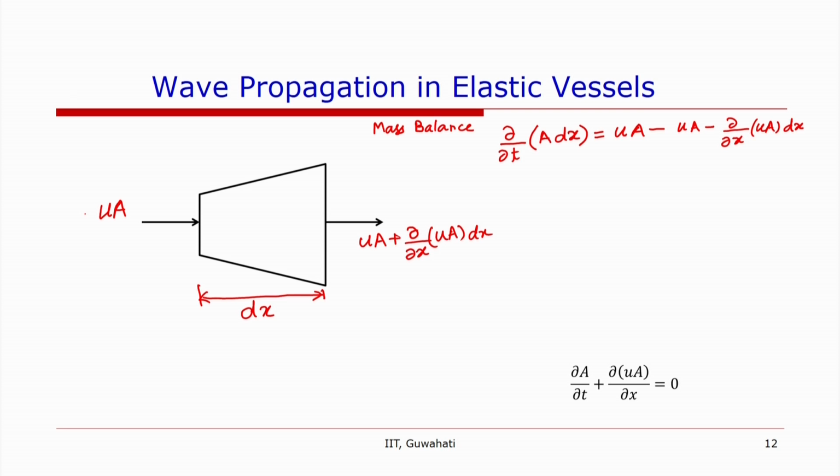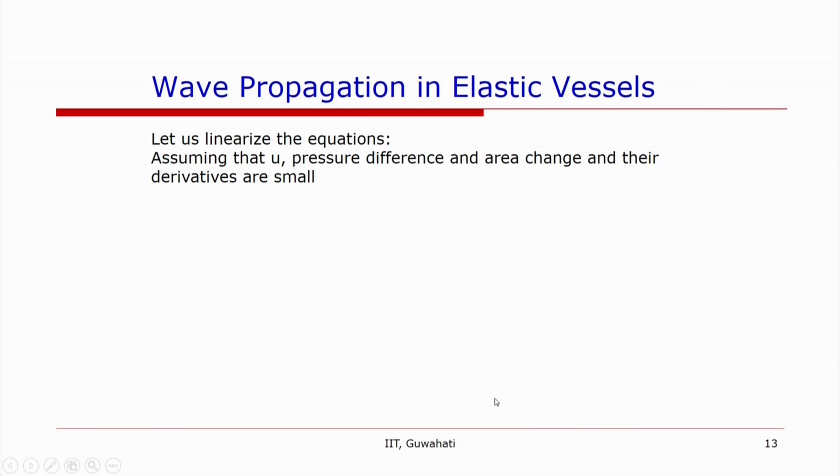So this UA will cancel out, and what we are left with is del A by del T dx is equal to minus del by del x UA, or after substitution del A by del T plus del by del x UA. Now U and A both are functions of x, so this term might have some non-linearity in it, we will look into that now. So now let us linearize the two equations.